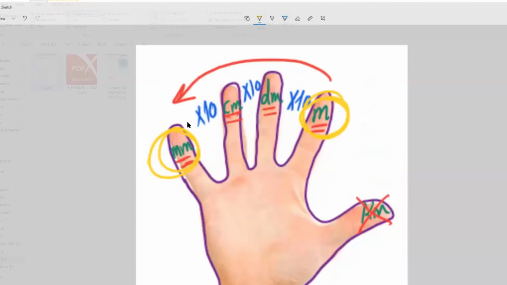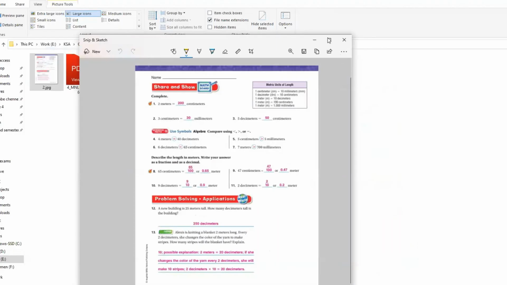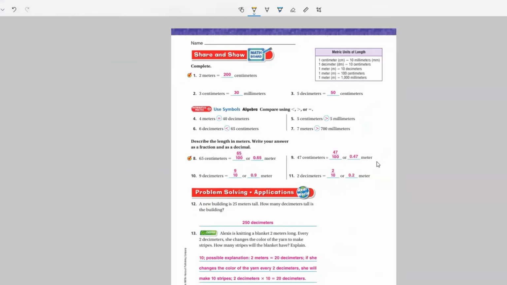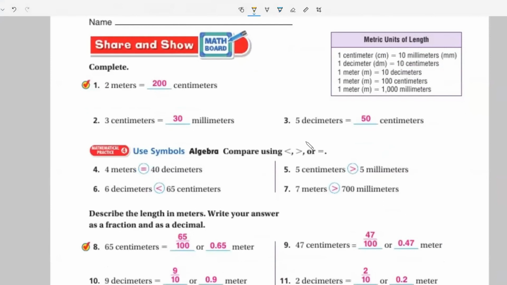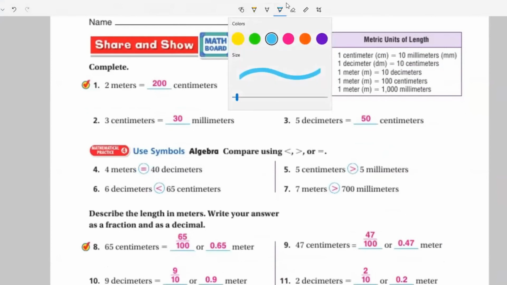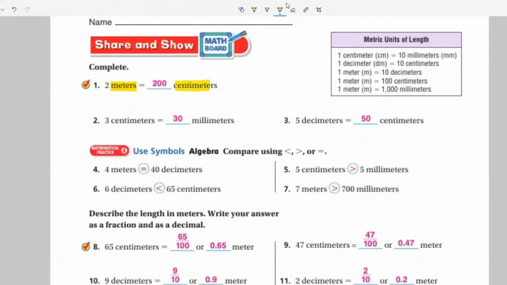Okay, skip the next page and let's move to page 675. As you see here, from meter to centimeter, look at our fingers, we're gonna multiply by 100. So 2 multiplied by 100 equals 200.